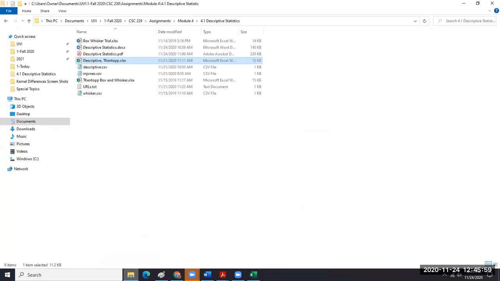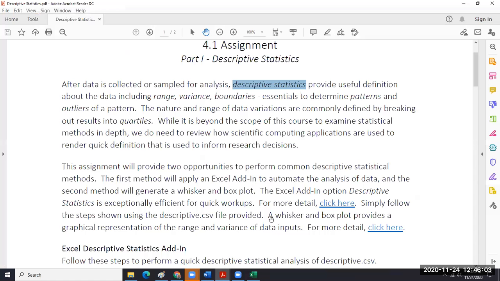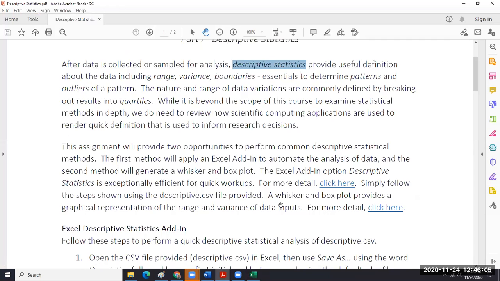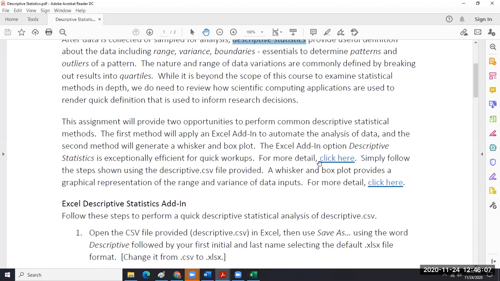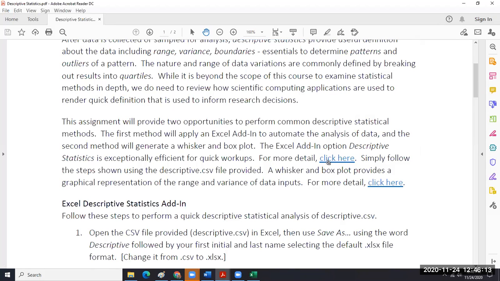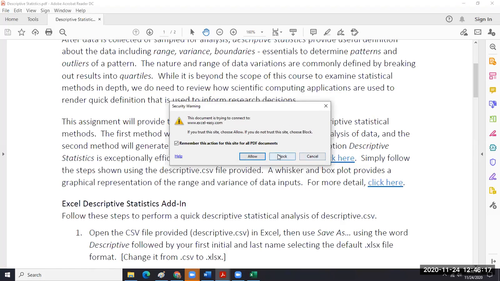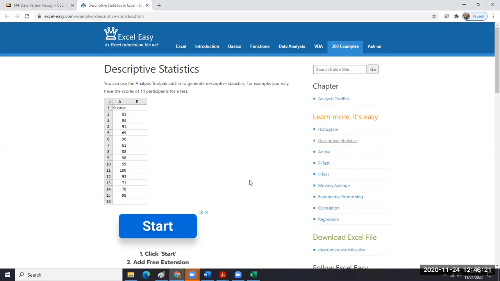Let's go back to the assignment document. Here is the link that you go to do the descriptive statistics first. You may have to copy the link. Then you're going to do a box and whisker plot.